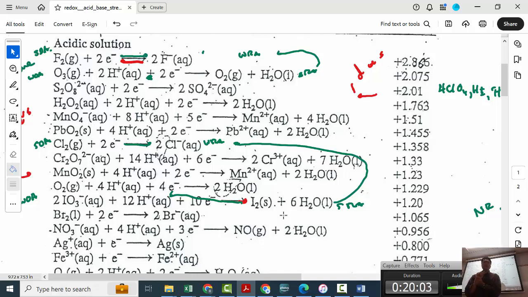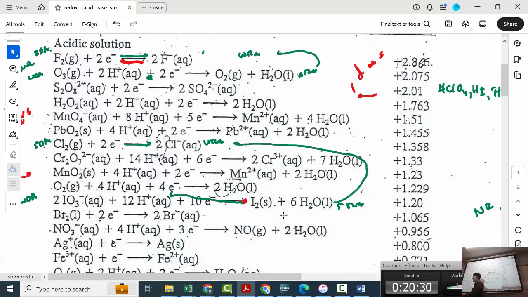Did you guys practice oxidation states? Or do you need more practice? You should be able to do this one in your head. If you can't, then you need more practice. There are some tutorials online to do it.